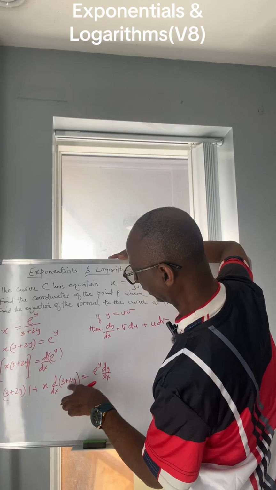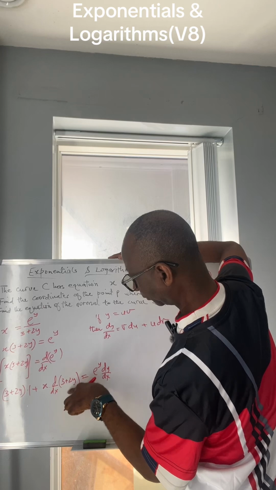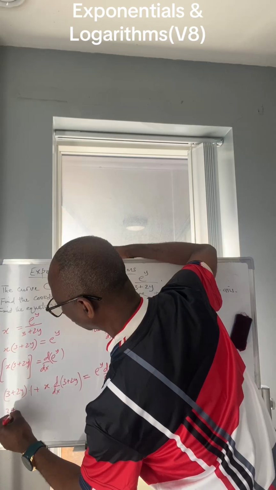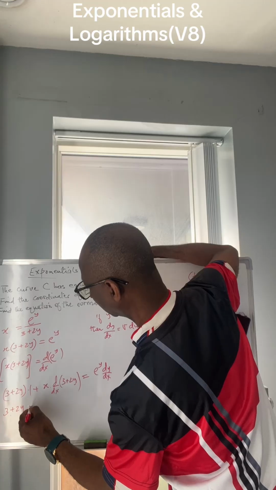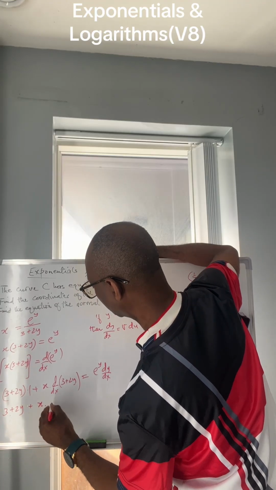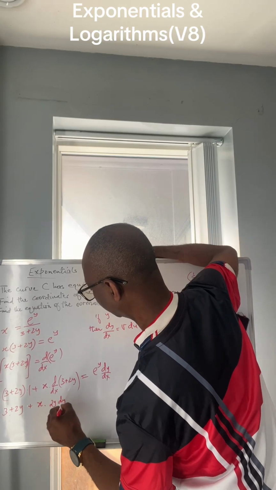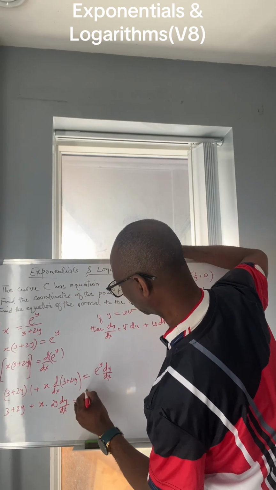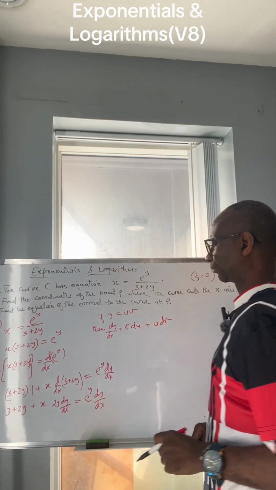So what is left here is just 2y, it's just 2y dy. So you have 3 plus 2y times 1, plus x times 2y dy dx equals e raised to the y dy dx.